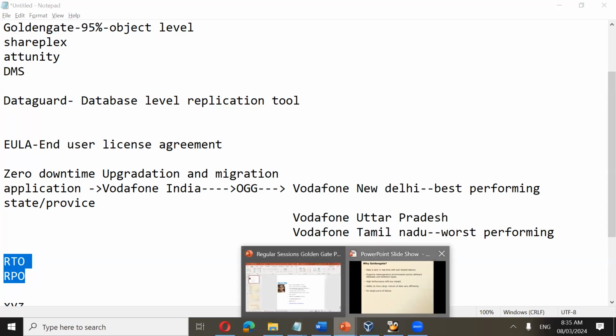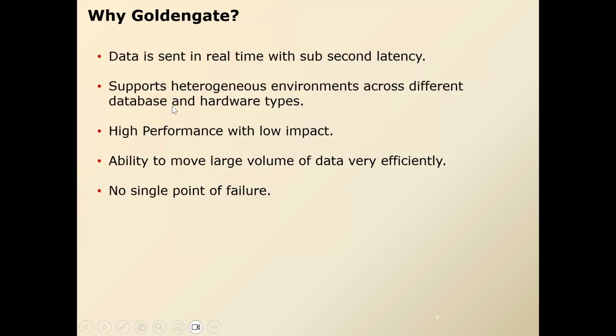Apart from that, with Golden Gate, data is sent in real time with sub-second latency. So Golden Gate can replicate the data within minimal time. That means it can replicate the data with minimal lag.